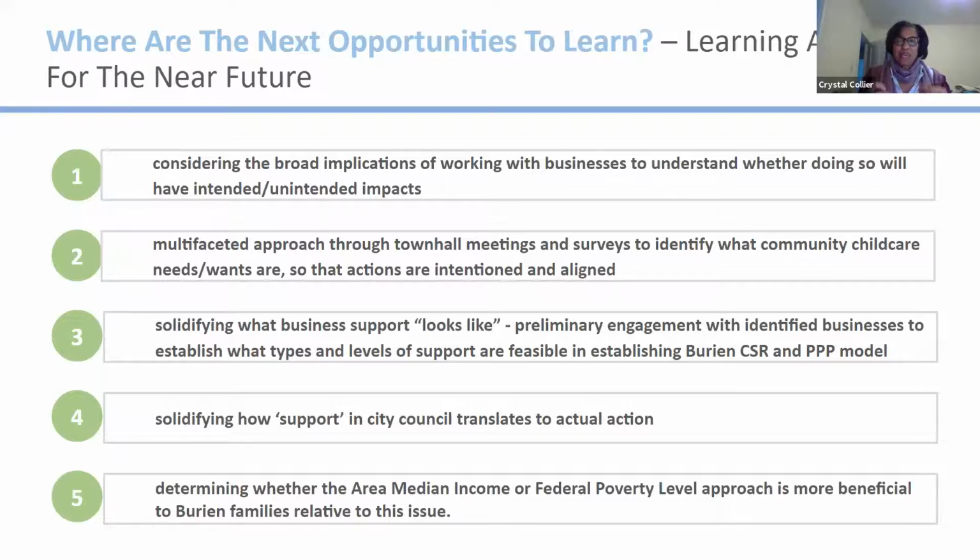Really trying to get a handle on what business support could look like, so you actually have something that you're pitching to the community and some of these business leaders, as opposed to spitballing, like, hey, you could do this. That wastes a lot of time and might not be most appropriate. Thinking about what support means, and we have that in quotes, because who doesn't support childcare?